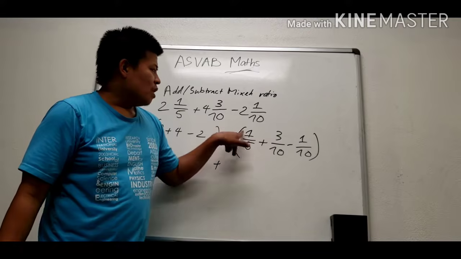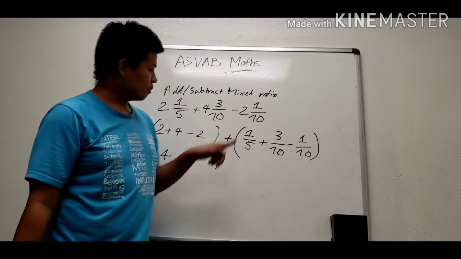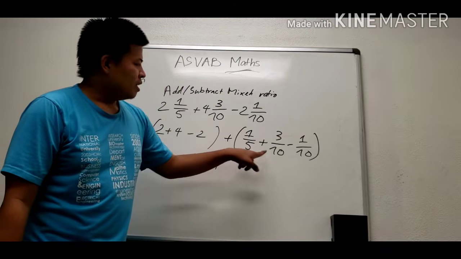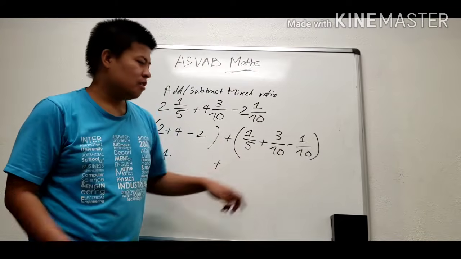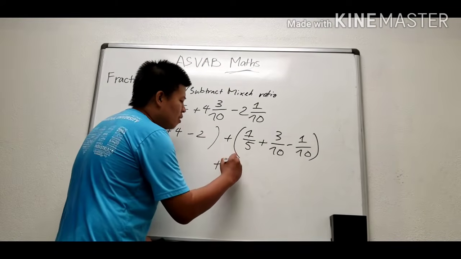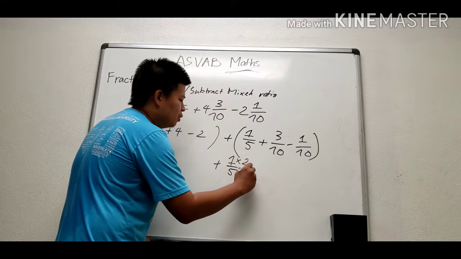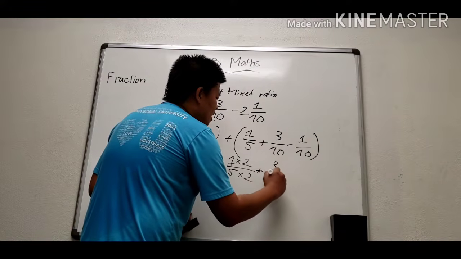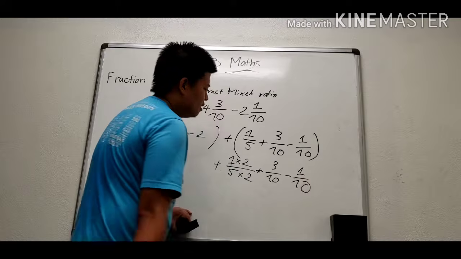We have 1 over 5, 3 over 10, minus 1 over 10. But 1 over 5 doesn't have the same denominator as 10. So we multiply 1 by 2 and 5 by 2, plus 3 over 10, minus 1 over 10.